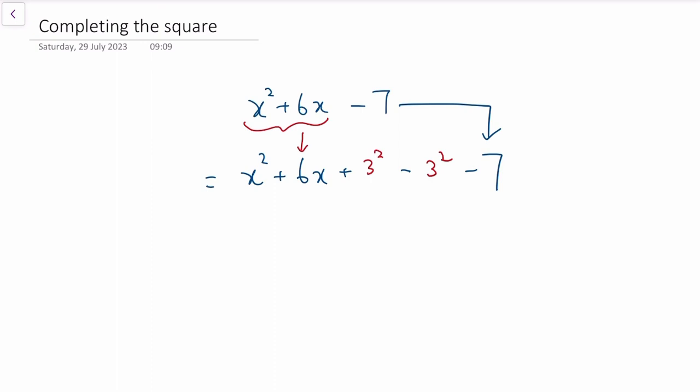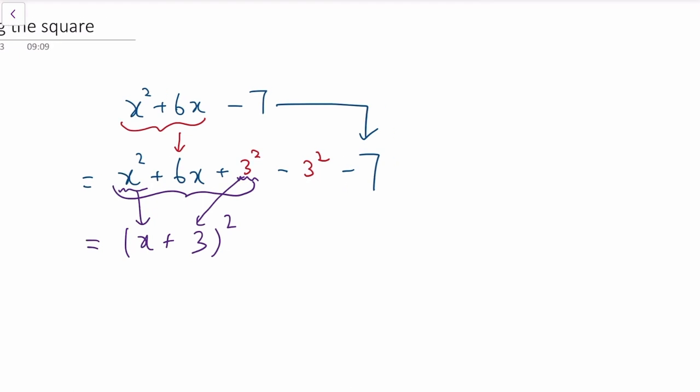And then it would just so happen that this would become a perfect square. In fact, it will be x plus 3 squared. I hopefully don't think it's too hard to memorize. Like the x squared becomes x and the 3 squared becomes 3.